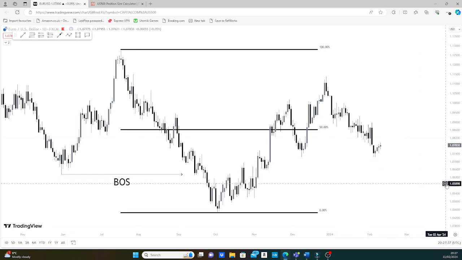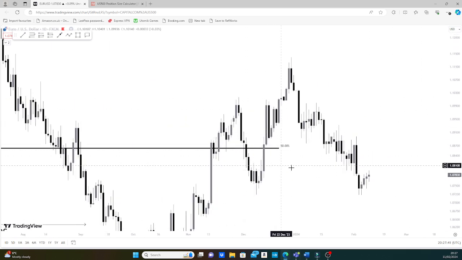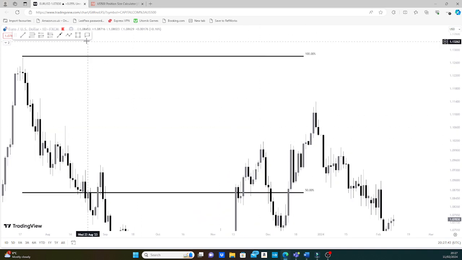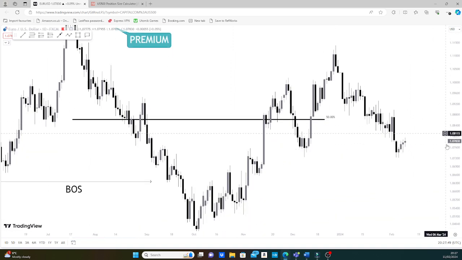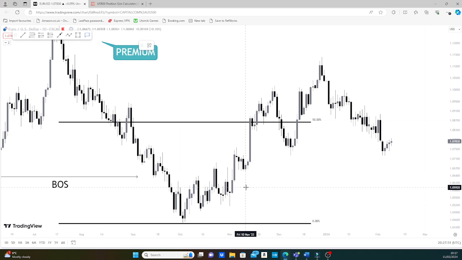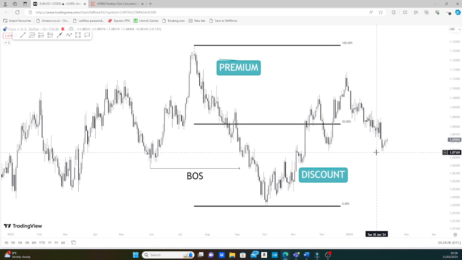So now what do we understand just by looking at this chart? We have, of course, the EQ over here, the 50% level, and anything above that is a premium. Anything below that is a discount. So what do we do as traders when we use premium and discount to our advantage from an analysis perspective?